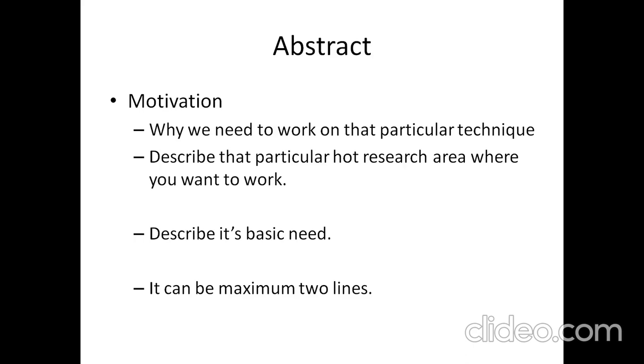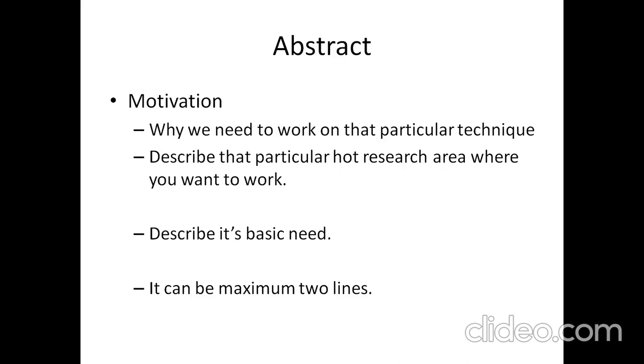So first you will have to describe the need of that particular technique on which you are going to present, and then you will have to convince him that yes, we need that technique in that particular hot research area. So we have to convince in both ways. Like first one is the particular technique, and the other one is the particular research area.